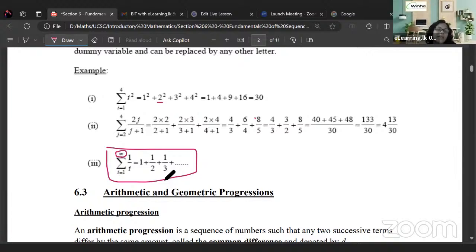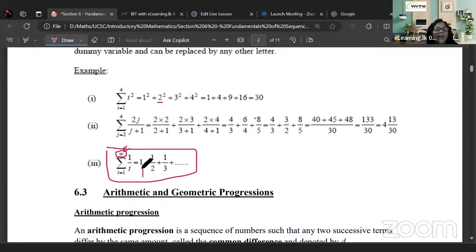It is representing infinity. We can't say an exact value, but starting from 1, it goes up to infinity, which in Sinhala we call අනන්තය. From 1 to infinity, 1 over i is what is represented here.